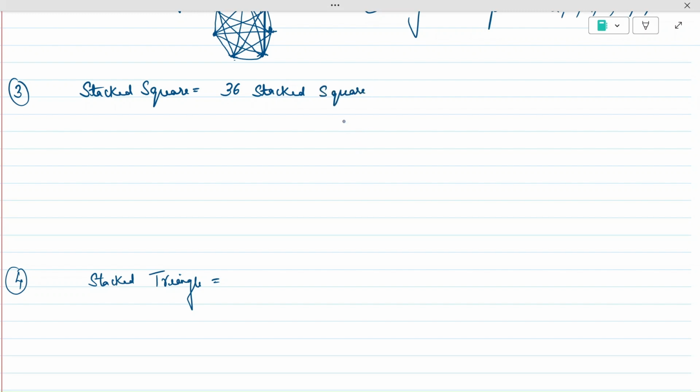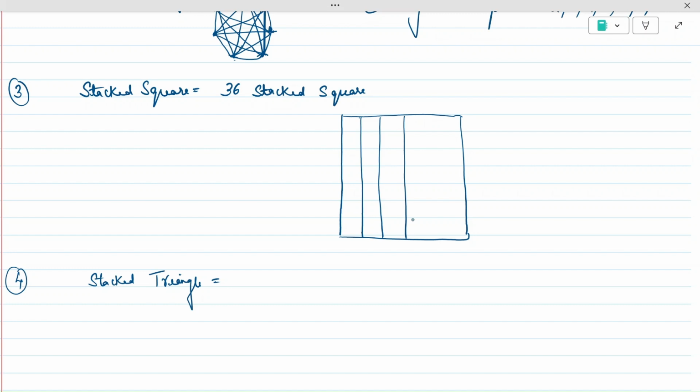So how we are going to do this? I'm going to take a big square. Okay. And I'm going to divide it into 6 equal parts. So this is 1, 2, 3, 4, 5, 1, 2, 3, 4, 5, 6. And horizontally also we have to divide.